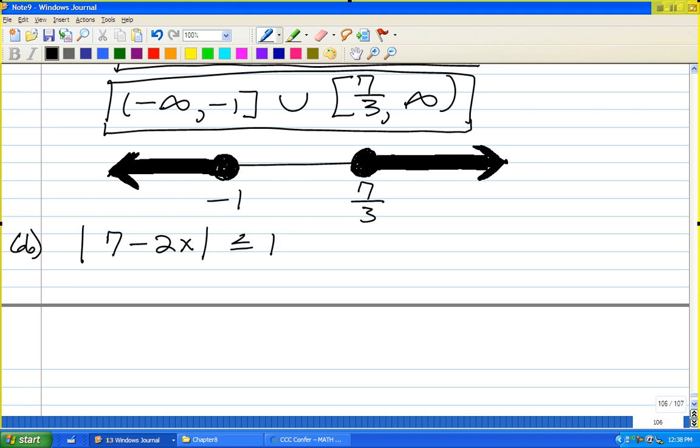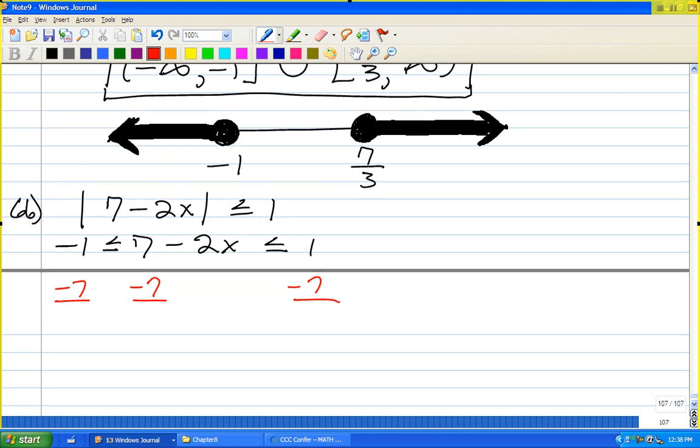And so this says that 7 minus 2x is between negative 1 and positive 1. Let me try to isolate x in the middle. So let me subtract 7 from each side of this inequality. Negative 1 minus 7 is a negative 8. The 7's cancel. So I get a negative 2x. 1 minus 7 is negative 6.